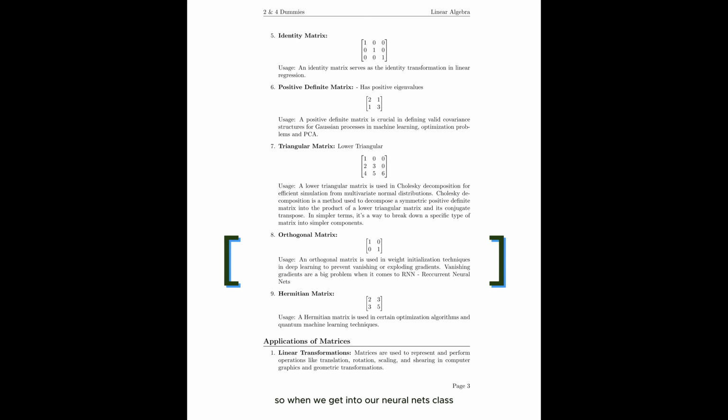So when we get into our neural networks class, we shall be looking into RNNs, i.e. recurrent neural networks, and some of the problems that they face and how we can combat them. And one of the ways that we shall be doing this is by using algorithms that mitigate exploding and vanishing gradients.